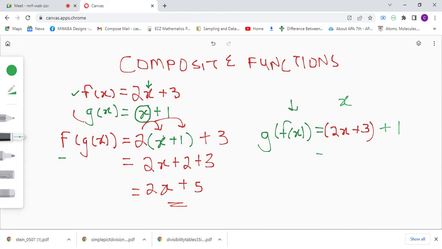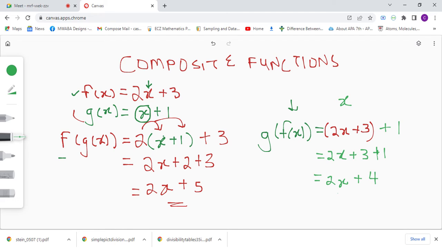So 2x plus 3, we just open the brackets here. It's going to just remain as 2x plus 3 plus 1. And we're going to get 2x plus 4 as our composite function.